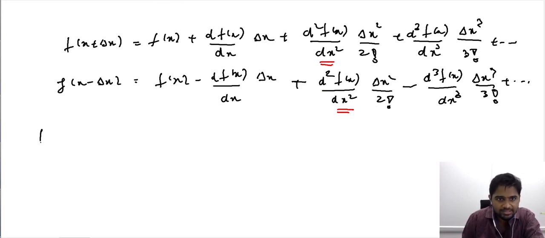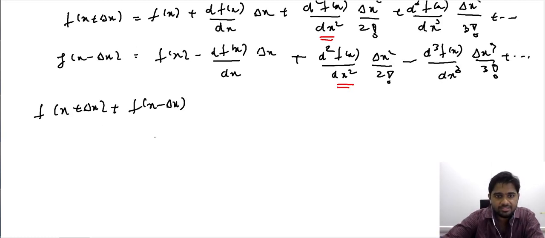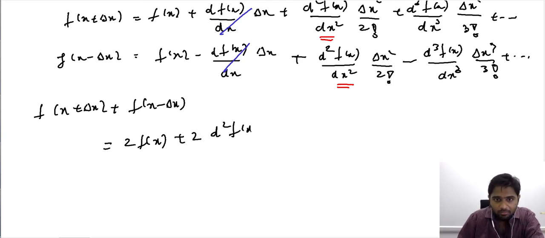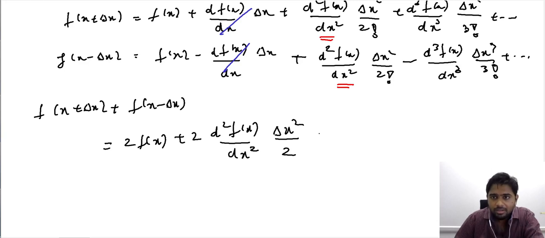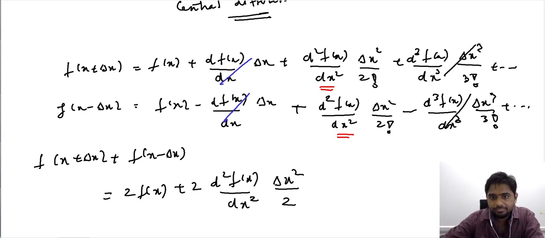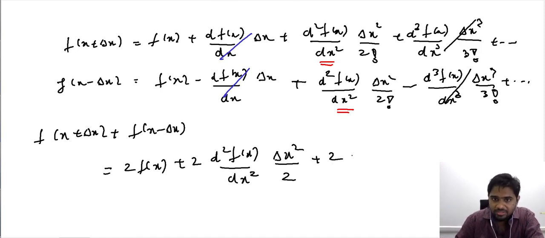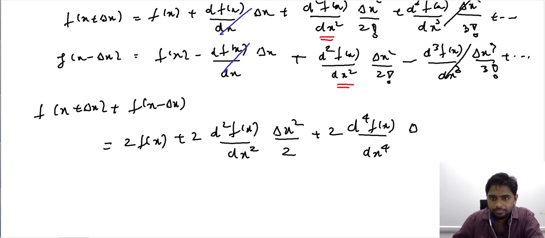Instead of taking the difference as we did for the central difference, when we sum these two up, f of x plus delta x plus f of x minus delta x, then what we would end up having is equal to 2 f of x, and in this case these two terms get cancelled out, then plus 2 the second derivative of f of x, and we have delta x square by 2, and the third term gets cancelled out, and the fourth term exists, so it will be the fourth derivative of f of x by 4 factorial, and so on and so forth.